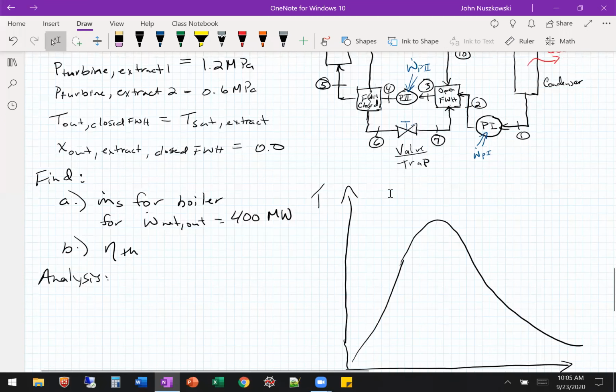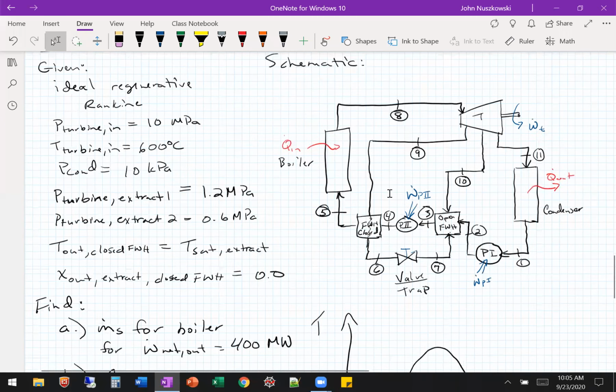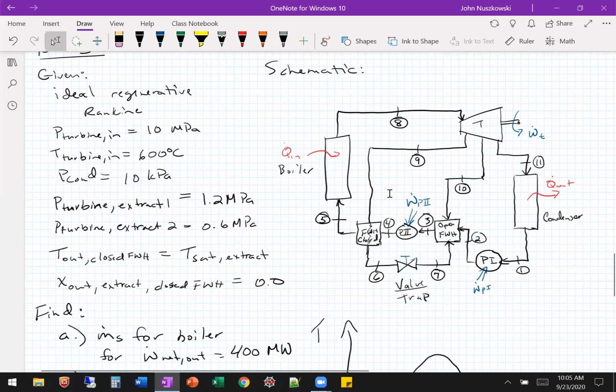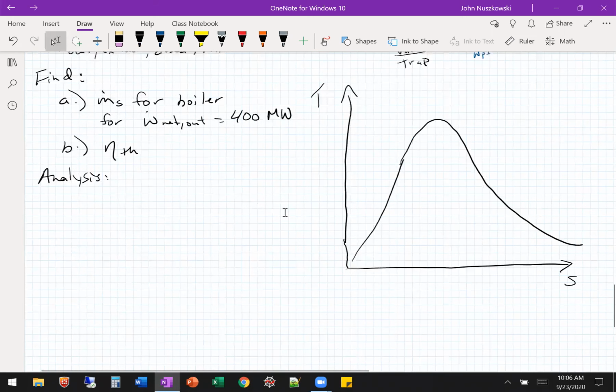How many pressures we have, we can look at the turbine. So we have one high inlet, then we extract 2, so those are at different lower pressures, and then we exit at the lowest. So we have 4 pressures with the turbine, right? So that'll be 4 lines here.